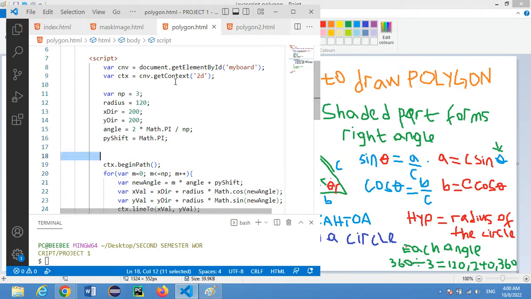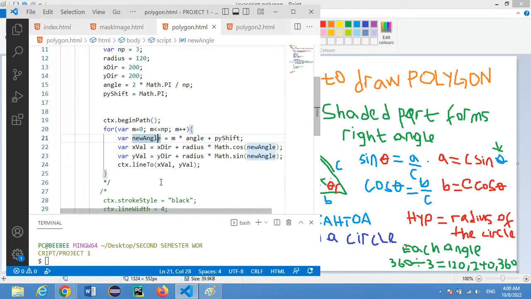Now the next thing is for us to draw the required shape. To draw a shape, you start with ctx.beginPath. Then for us to move around each of the 3 sides, we'll be using a for loop. And here we have var m equals 0, m less than or equals to 3, and here is an increment to move to the next number.